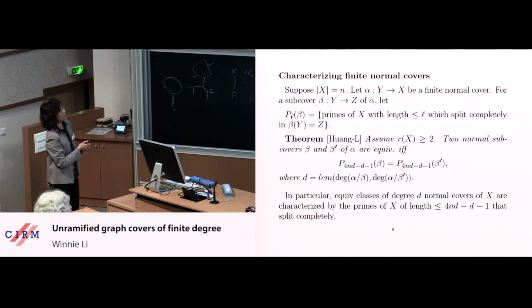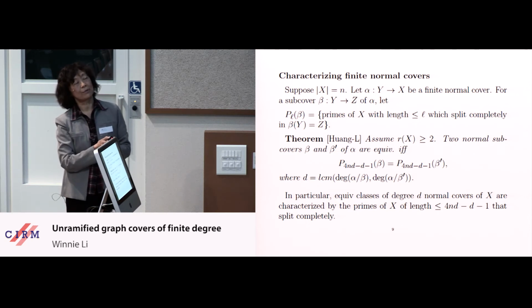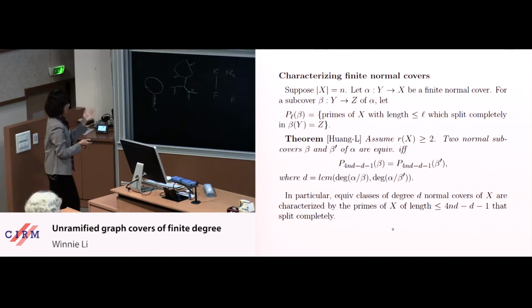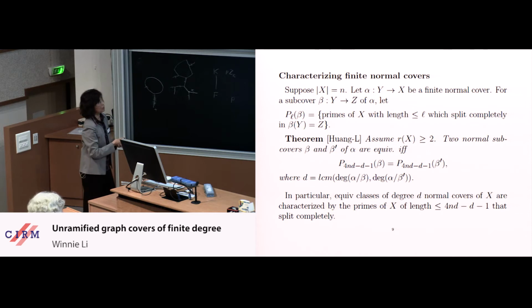So here is the theorem about characterizing finite normal covers. Okay. So assume that the base graph is finite, with n vertices, and I start with a finite normal cover. Okay. And so I look at its subcovers. So I want to know when two normal subcovers are equivalent.